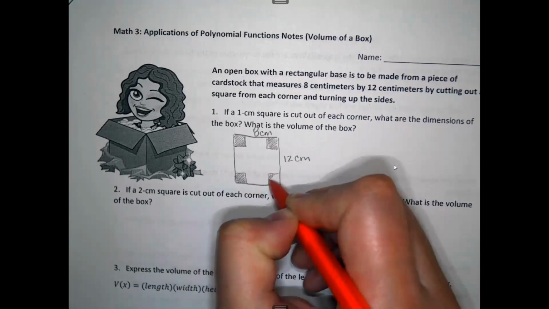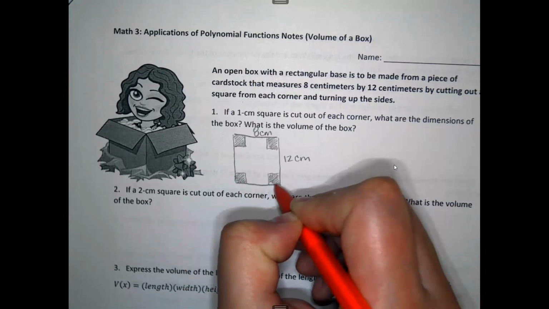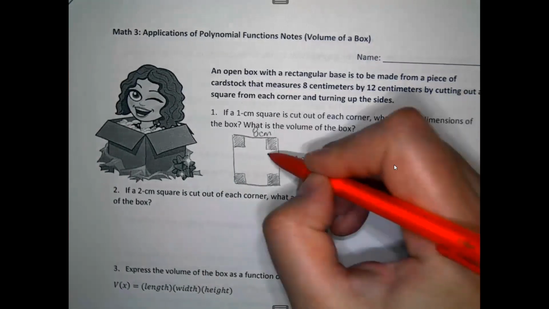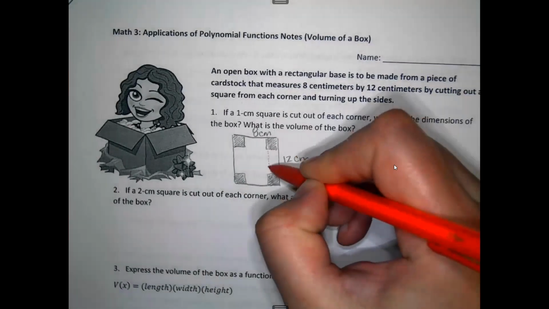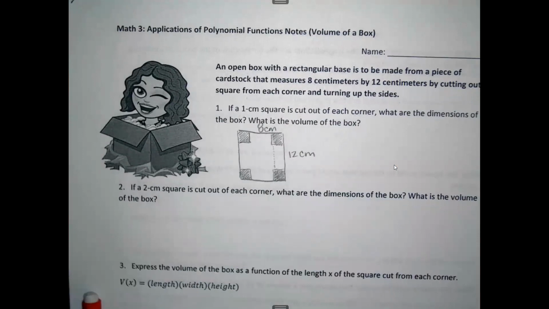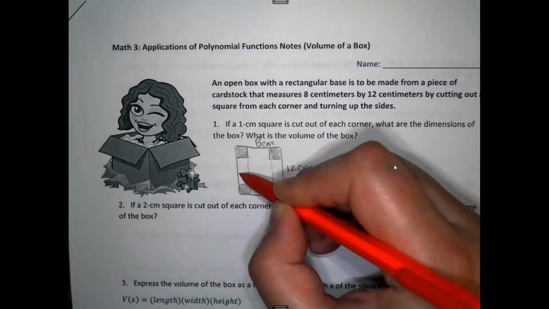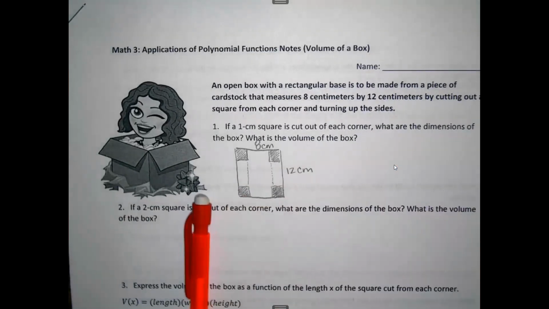Cut it out, threw it away. Okay, so what they did first is they folded along this line and folded up that flap, and folded along this line and folded up this flap, okay?